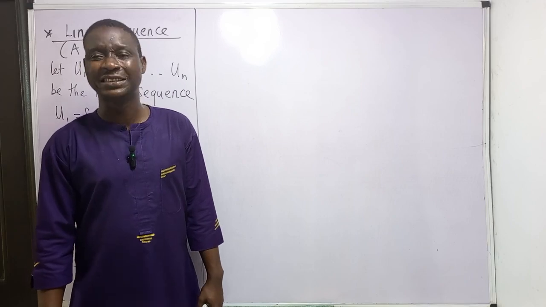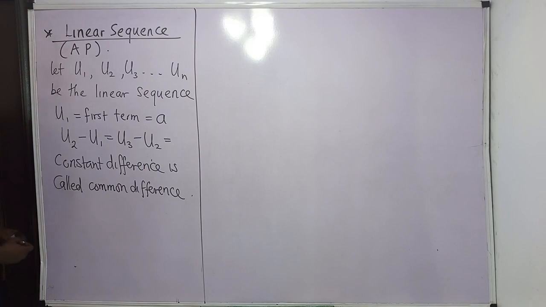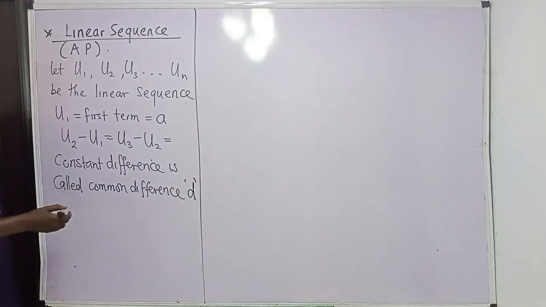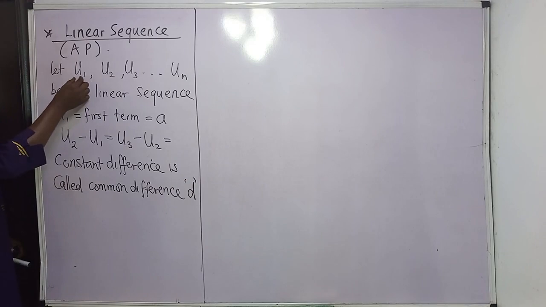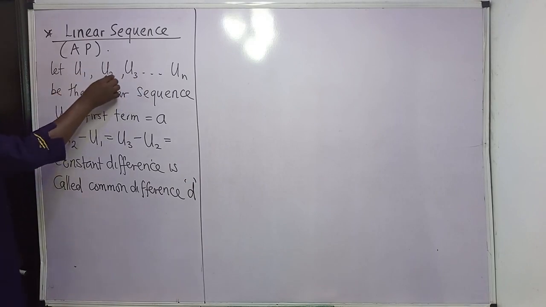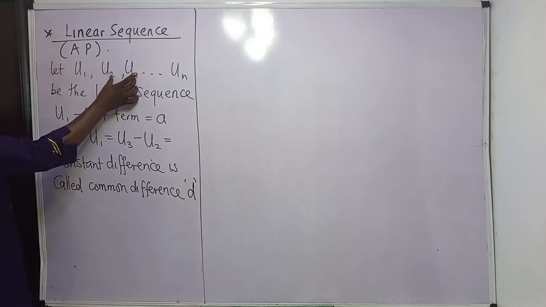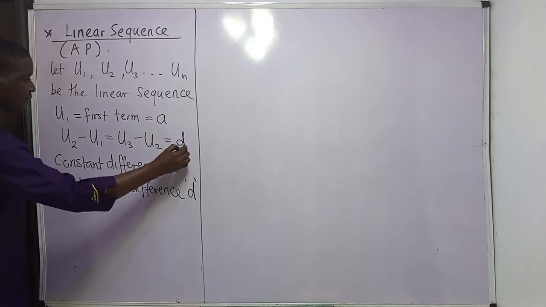That constant difference is what we call the common difference. It's written as D. And we can always prove that by saying U2 minus U1 equals U3 minus U2. If there is a constant difference, then they should be the same, which is equal to D.